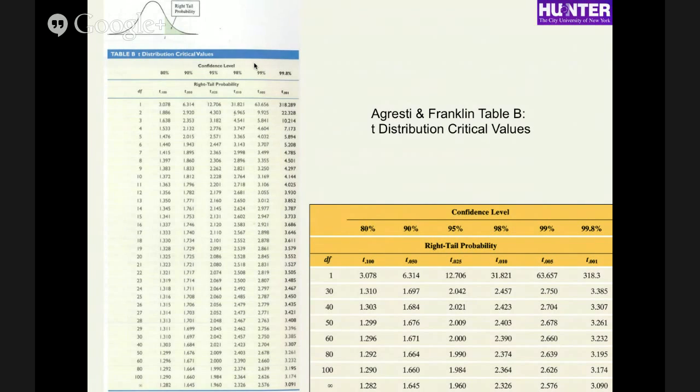So you can look up what the critical value is for an alpha of 0.05 and any number of degrees of freedom, or an alpha of 0.01, for example. So it doesn't allow you to actually calculate a p-value from your sample. It just allows you to decide whether or not to reject the null hypothesis based on whether t exceeds your critical value.